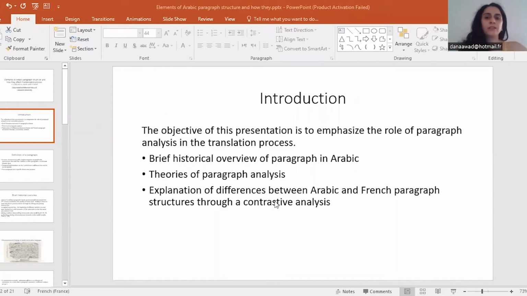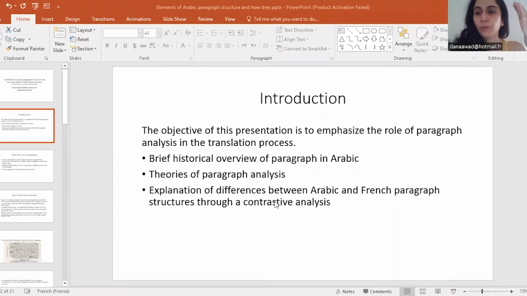So, the objective of this presentation specifically is to emphasize the role of paragraph analysis in the translation process. It will show a brief historical overview of the paragraph in Arabic.